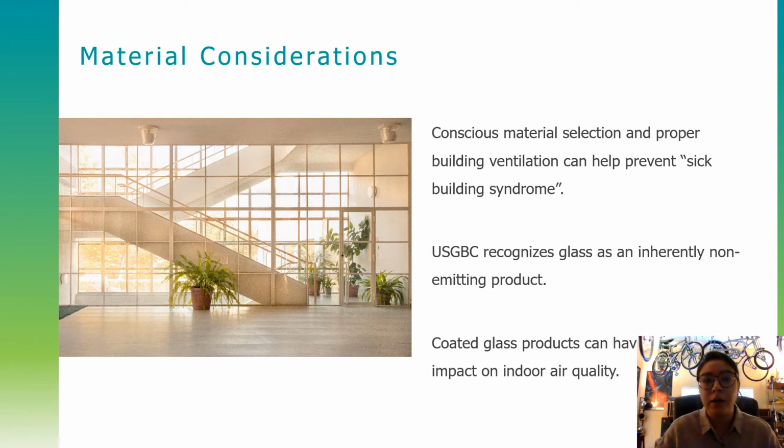Some ways to improve air quality, as we discussed, are conscious material selection, but also proper building ventilation, which can really help prevent sick building syndrome. If you're using an existing building, you don't have as many options in what you can do. So that's when conscious material selection is really important.